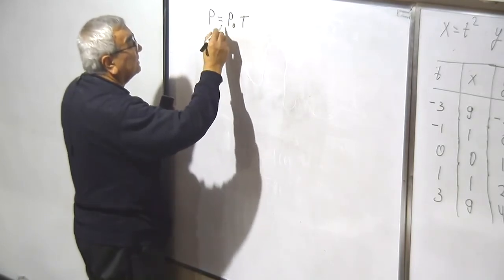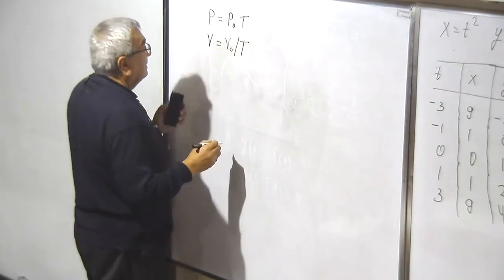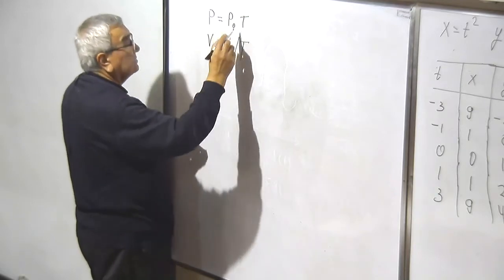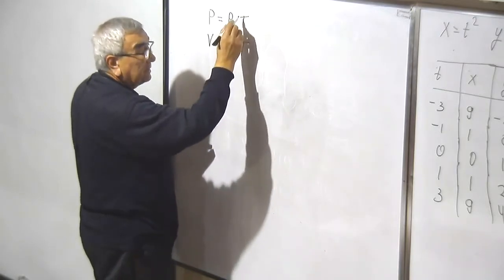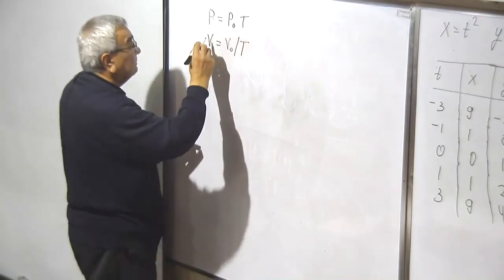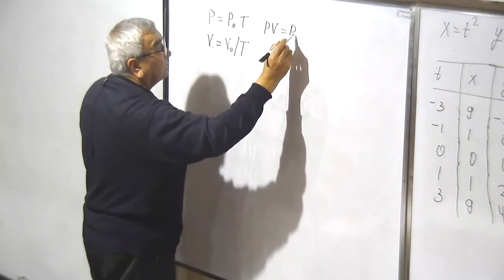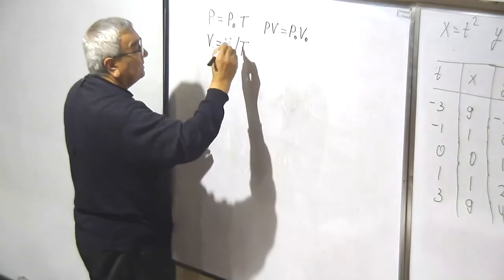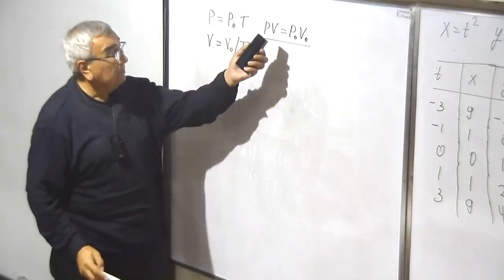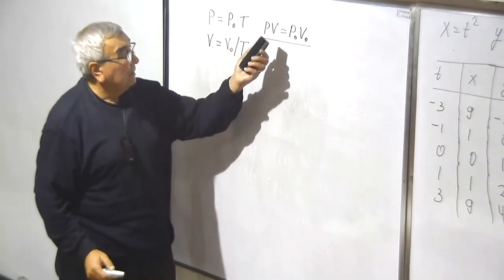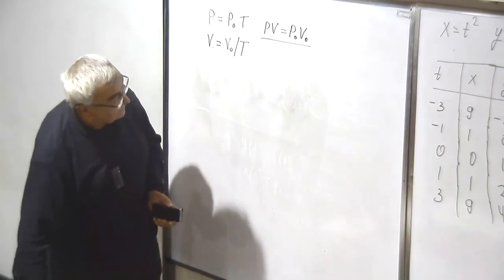That means if the temperature is decreasing, P is decreasing, and here is V naught by T. You see, in this case, if I exclude this parameter, the temperature T, multiplying this one by this one, you receive PV equals P naught V naught, because T cancels. In physics this is called the Boyle-Mariotte equation for an ideal gas.